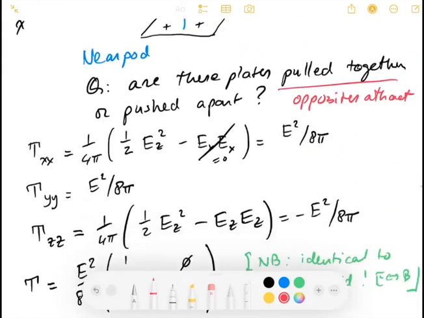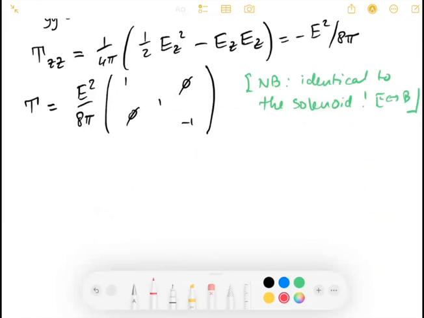All right, so let's write down the force. Okay, the force in the z direction would be minus the integral of T_z d²S_z.